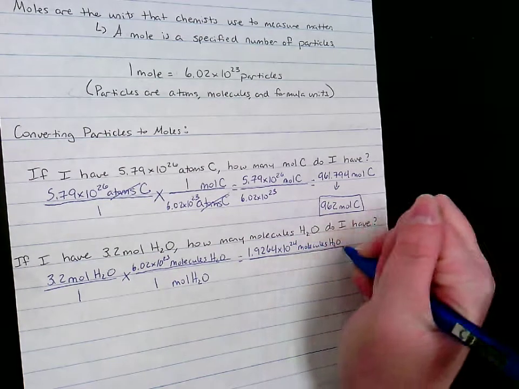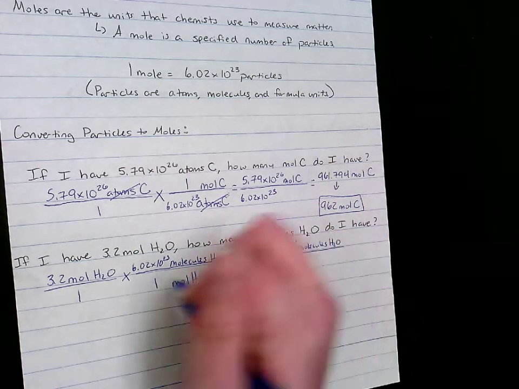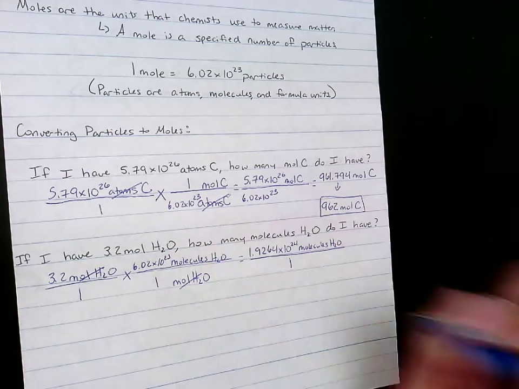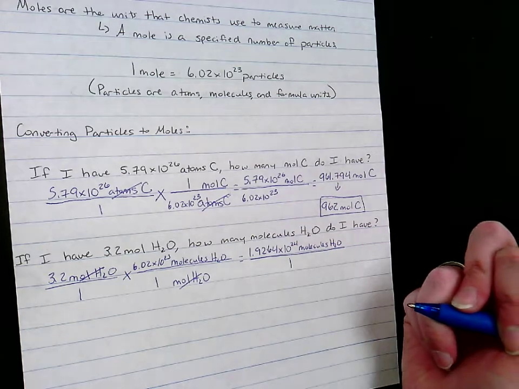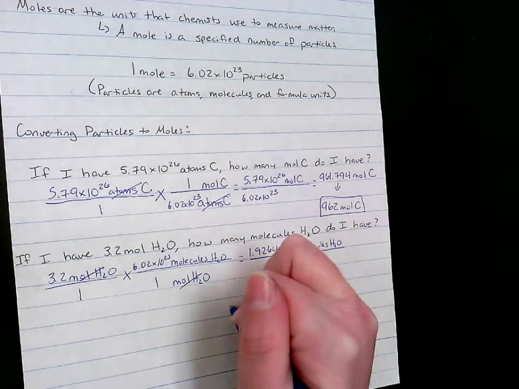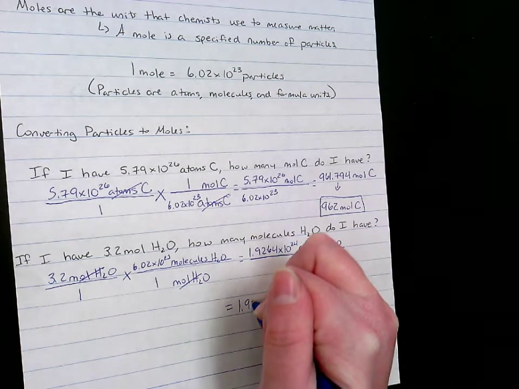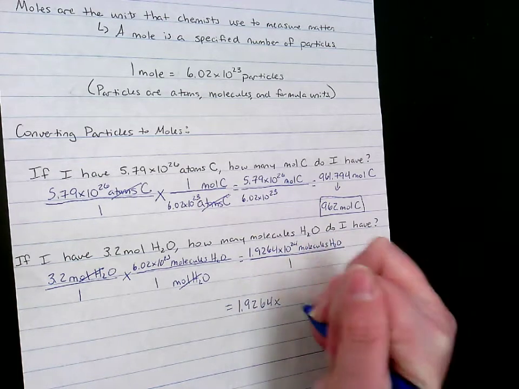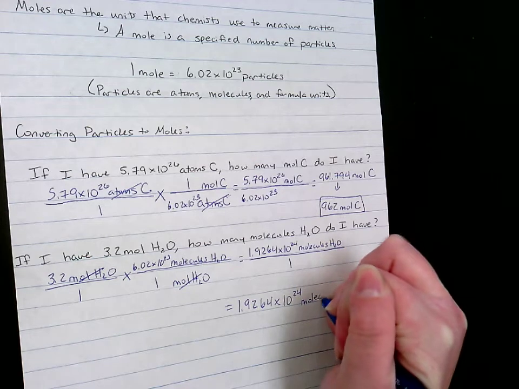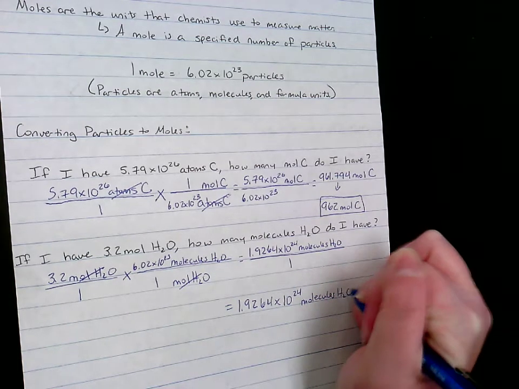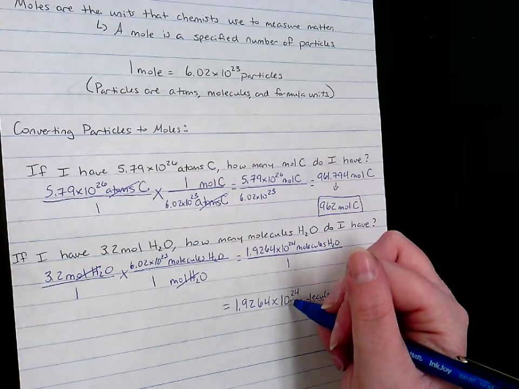And then along the bottom is 1. And moles of H2O has canceled out. So dividing by 1 is just itself. So this is 1.9264 times 10 to the 24th molecules H2O. And that's my mathematical answer.